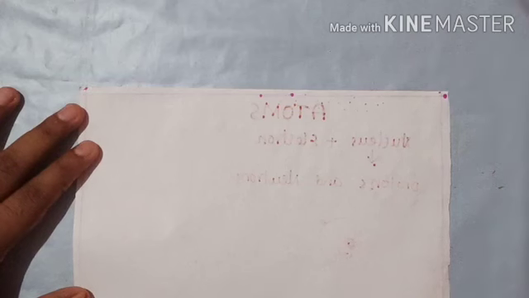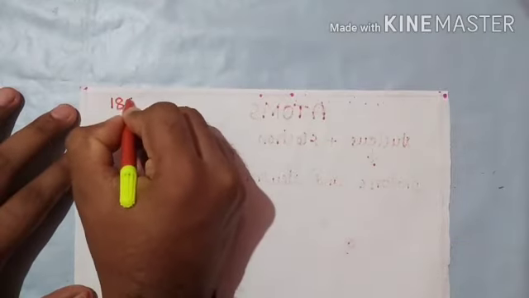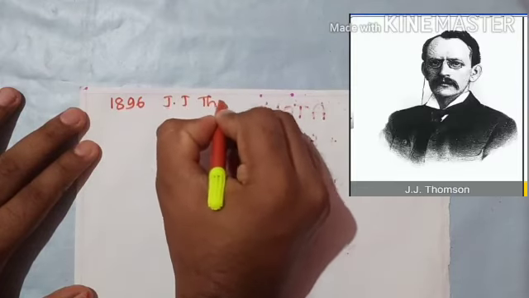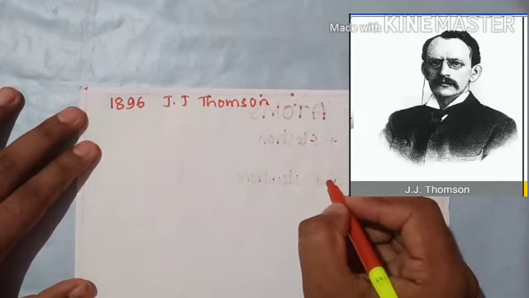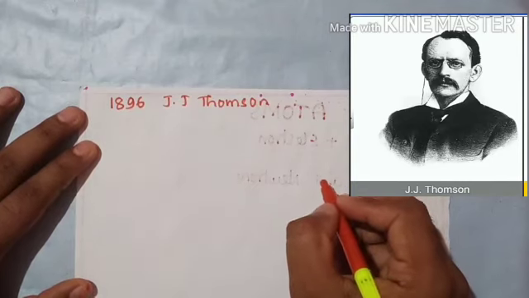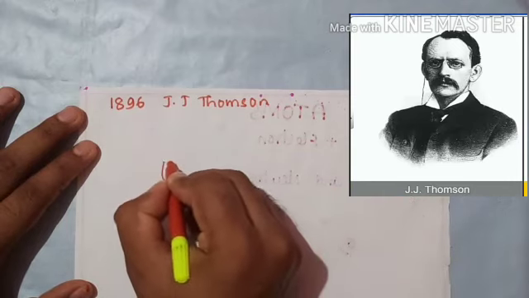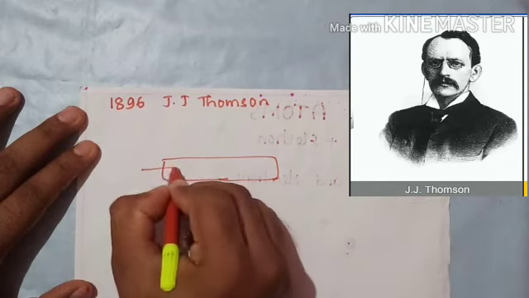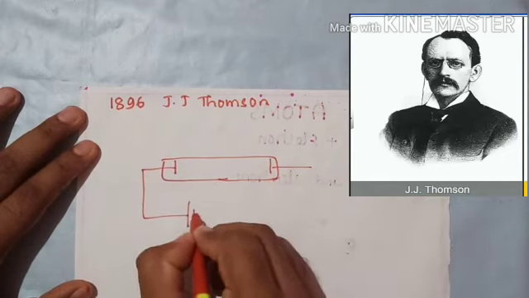But in 1896, J.J. Thomson did one experiment. His experiment includes one discharge tube. This is the discharge tube. Here it will be negatively charged and here it will be positively charged.